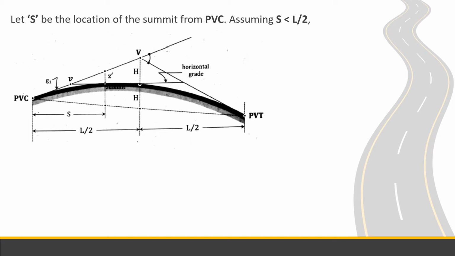That means the grade at that point is 0. Let S be the location of the summit from PVC. At this point, the grade is 0, assuming that S is less than L over 2.